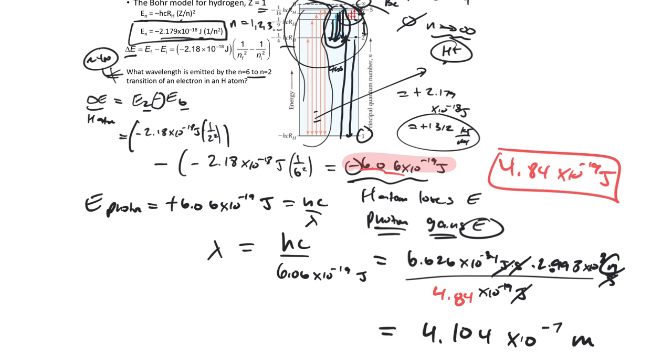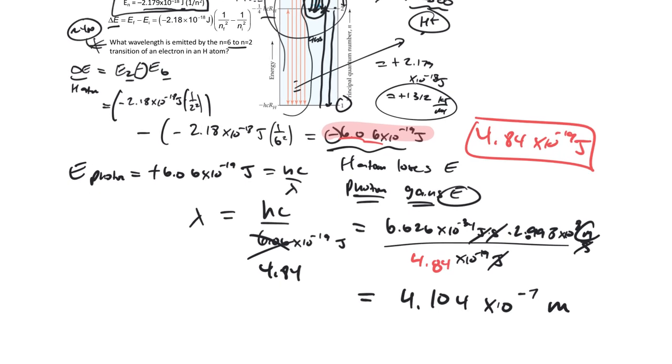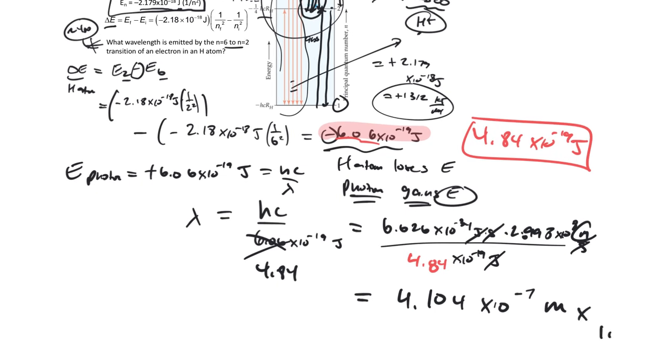Just taking hc divided by that energy, and then converting to nanometers, multiplying by 10 to the 9, is 410 nanometers. So reproducing that, the 6 to 2 transition is leading to the 410 nanometer photon in the H atom emission spectrum.